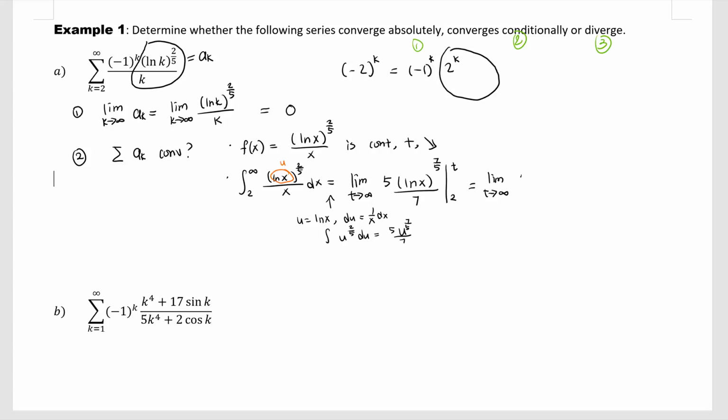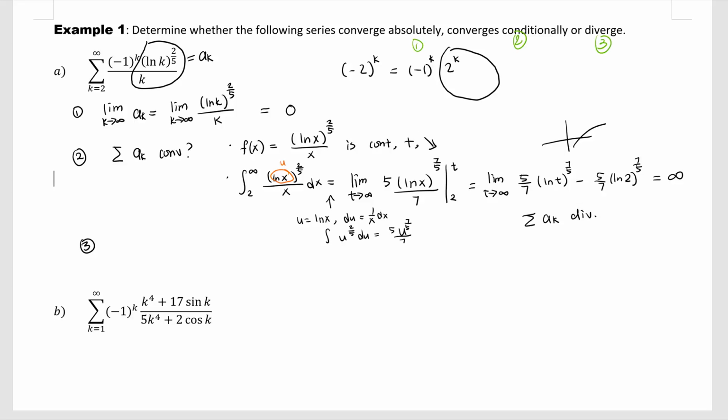We plug in t first, minus we plug in 2. Can you see that the ln of t, when t goes to infinity, also goes to infinity? So the answer is infinity. So we know the series of a sub k diverges, which means we go to step 3.